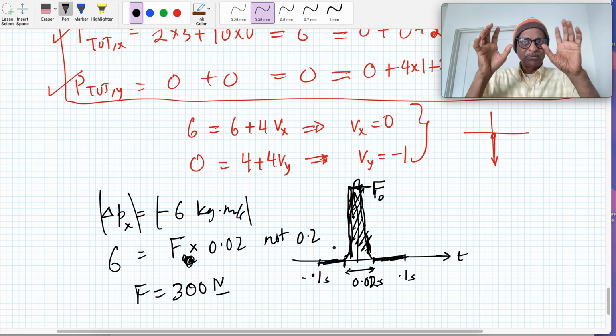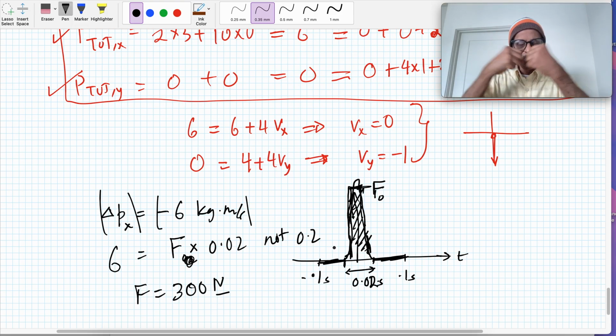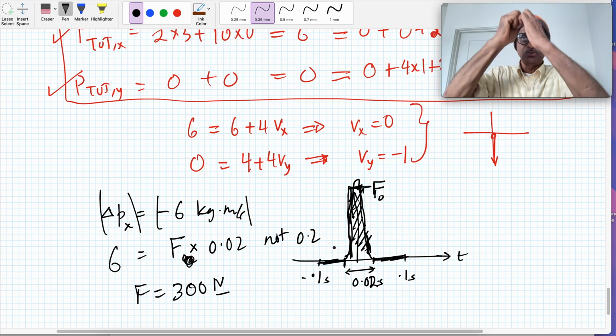And I always found that these questions about average force during a collision totally underestimate, because when it's touching initially there's not that much force, but as they push into each other, suddenly the force shoots up.